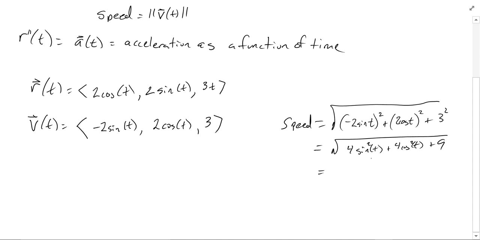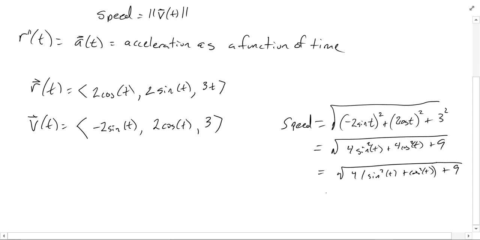You can factor the 4 out, so we'll have 4 times sine squared t plus cosine squared t, plus 9, and sine squared t plus cosine squared t is that trig identity. It's 1, so I'm looking at the square root of 4 plus 9. The speed would be the square root of 13 in whatever units we have for our function.